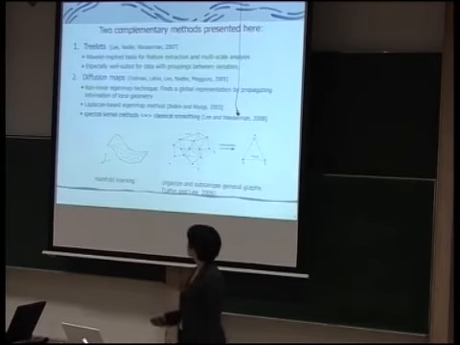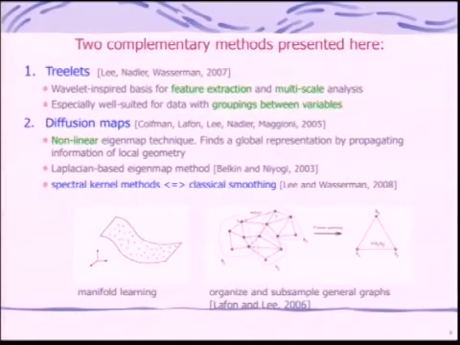So I will present two complementary approaches here. The first is treelets, which is a method for feature extraction and multi-scale analysis. The other one is diffusion maps, which is a nonlinear technique to learn the geometry and the parameterization of a data set. Now, at the end of the talk, I'll also describe my work in progress on spectral methods.